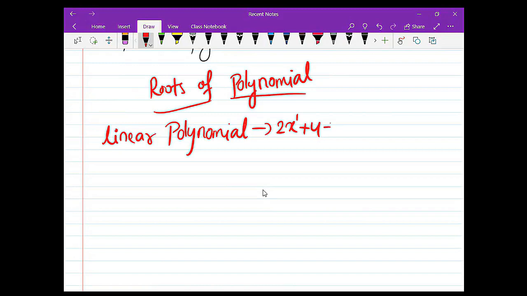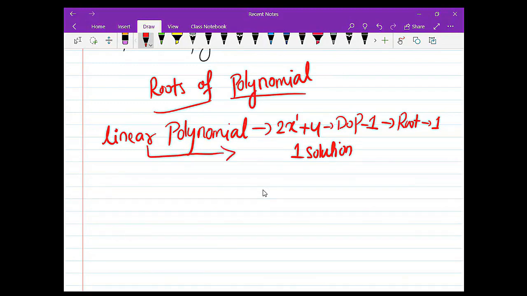So if the degree of the polynomial is 1, then the root is also only 1. Means there is only one solution. If there is a linear polynomial, the solution is only one.